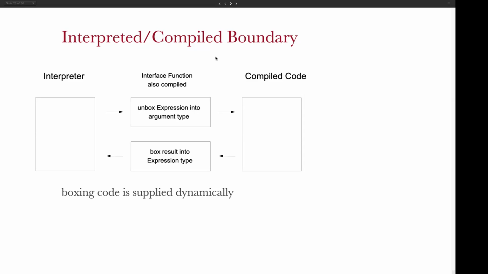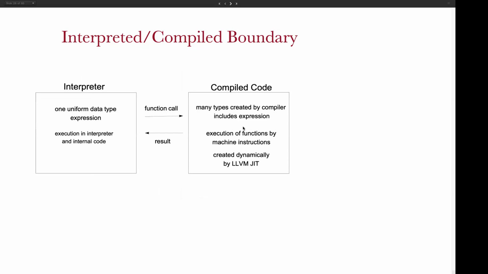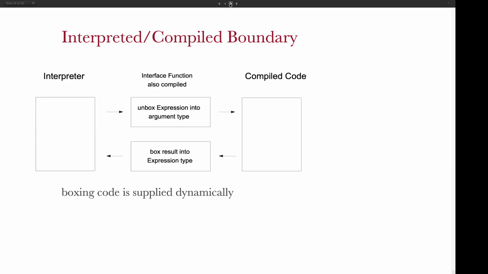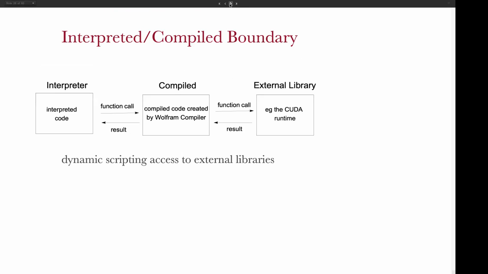Another detail of this interface is that when things are executing in compiled code, they can also call back into the interpreter to implement some feature that we don't have a compiled version for. That's another consequence of how this whole thing is wired up.